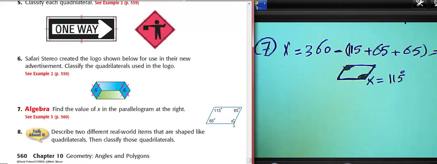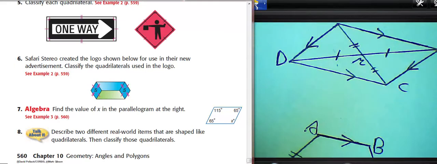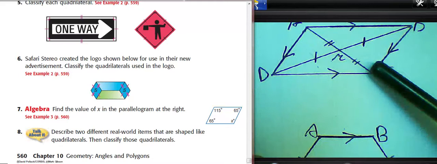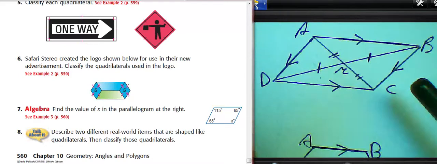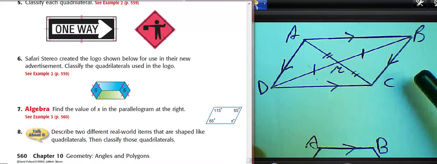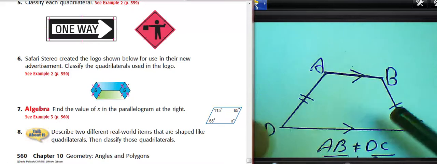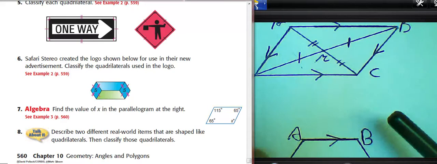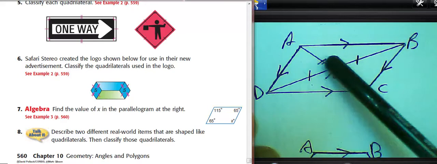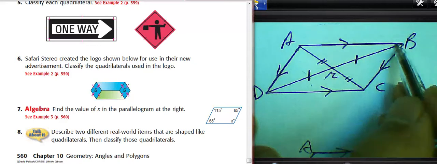Question number 8. Describe two different real world items that are shaped like quadrilaterals. Then classify those quadrilaterals. What about this question? We can compare between a parallelogram and a trapezium. In the parallelogram, all sides are not equal in length, but each opposite side are equal in length and each opposite angle are equal in measure.